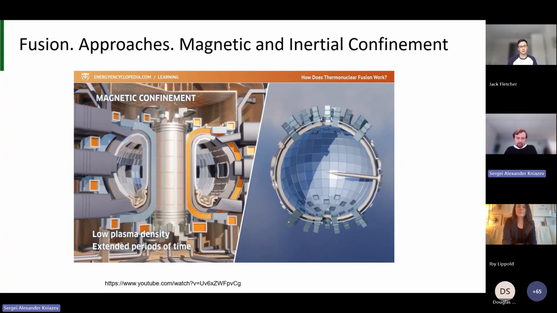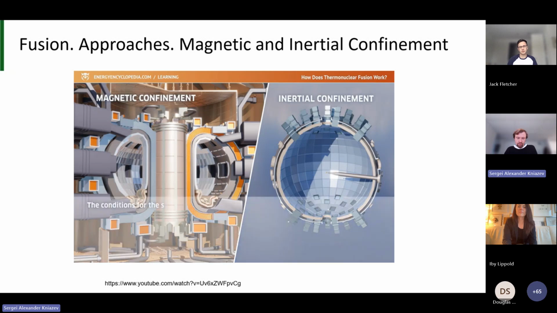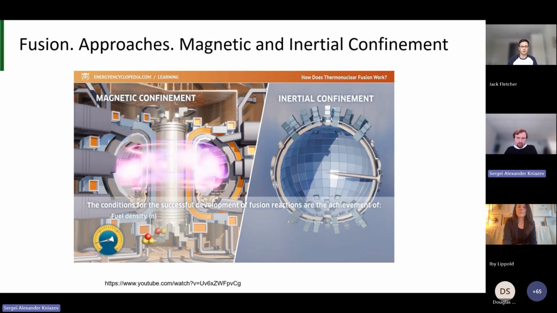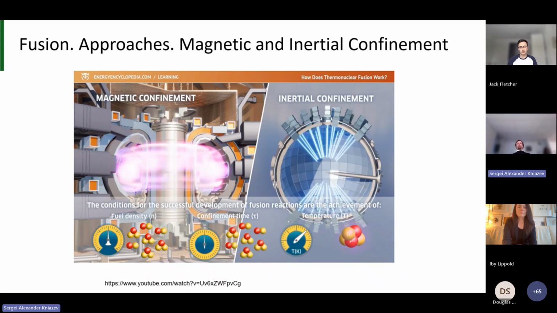The second option is the opposite and consists of keeping the plasma for a shorter time but with a significantly higher density. This is used in inertial confinement. The conditions for the successful development of fusion reactions are the achievement of the necessary product of plasma density and confinement time and the achievement of a specific ignition temperature at which the given reaction can take place. These conditions result in two basic types of confinement: magnetic and inertial.